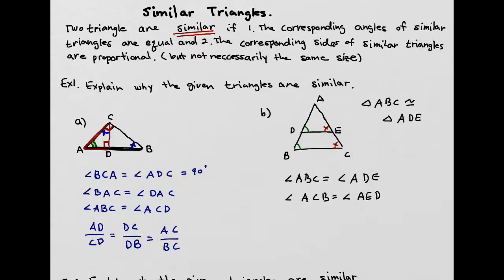These two red are the same angle. And also, these two triangles share point A, which gives the same angle for angle A. So let's write that also. Angle DAE will be the same as angle BAC. So since they're all the same angles, these two triangles are similar triangles.